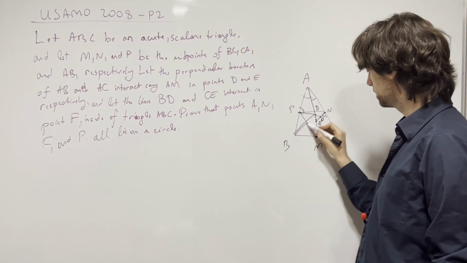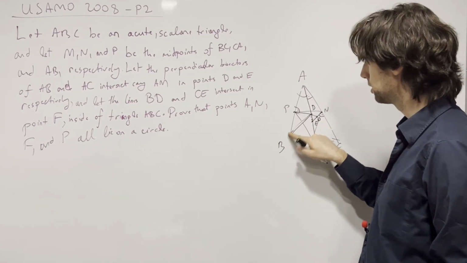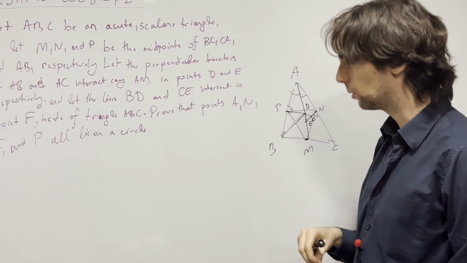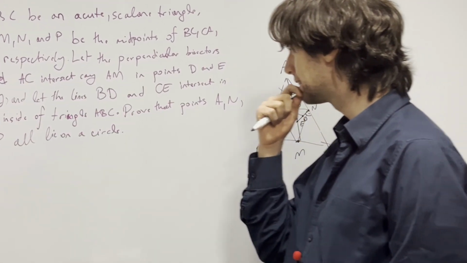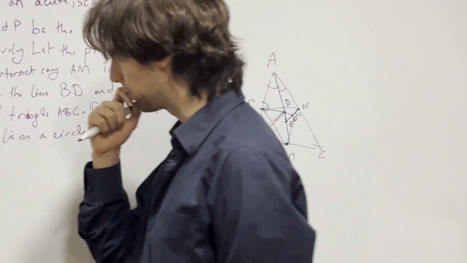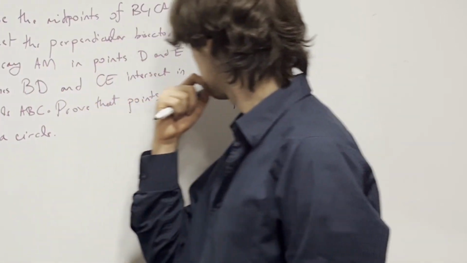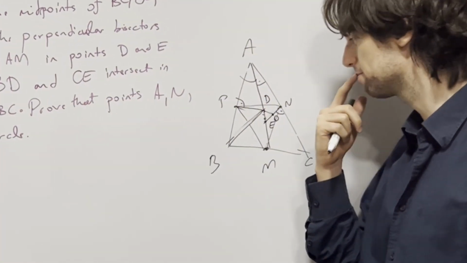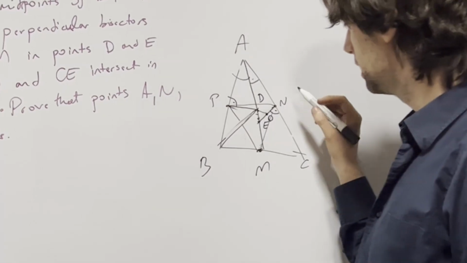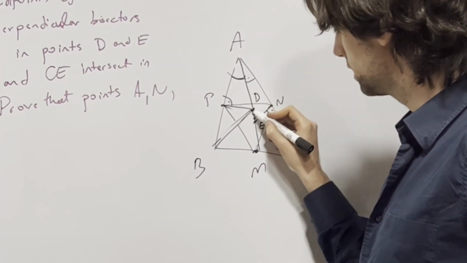So let's maybe look at the problem backwards a bit. Let's see what is happening here with this point F. Where is it? That's really my first question.